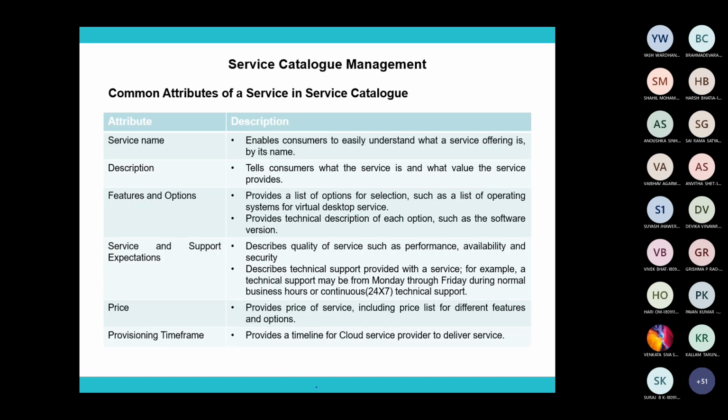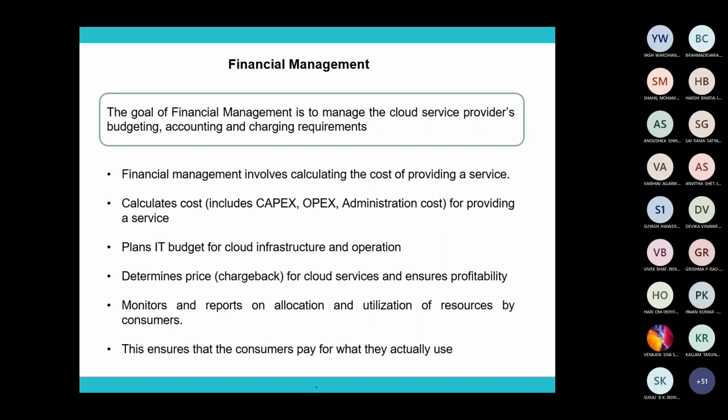And price, so what is the price for that service, the price list. Then provisioning timeline: how much time is required to provide that particular service, or if you are creating a virtual machine, to create an instance, how much time is required? All those things should be available in the service catalog.